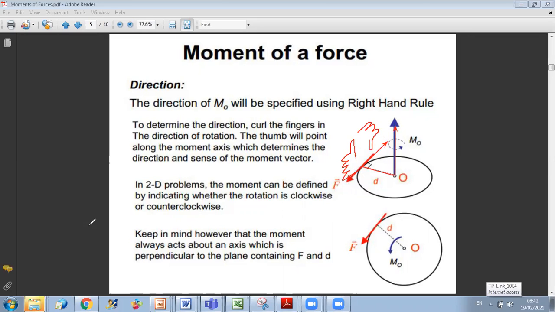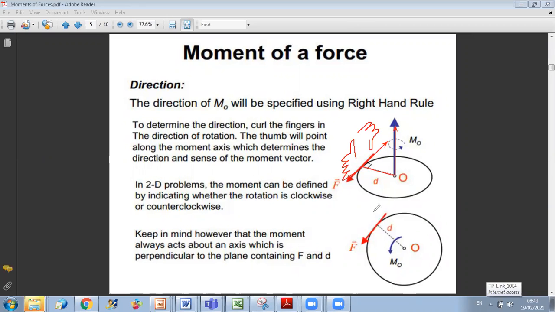Okay. So, in general, in 2D problems, it's easy to know if you have a clockwise or counterclockwise rotation. In 2D problems, you don't need the right-hand rule. The right-hand rule in general is more needed in 3D. In 2D, you can just figure it out by taking the plane of motion and looking at the top view.